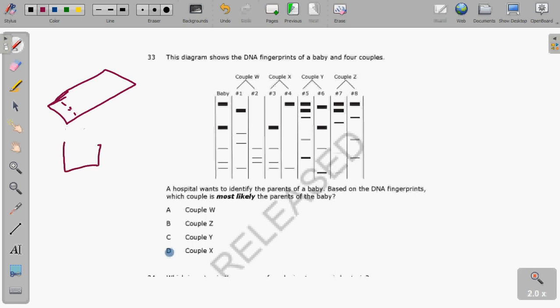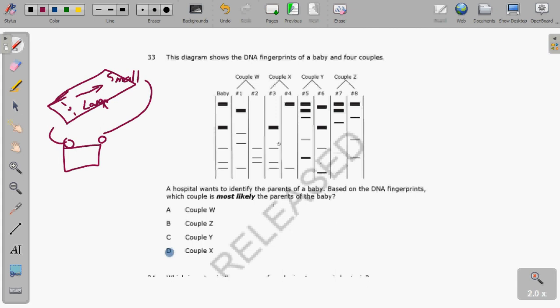Then they run an electric current through the DNA, and that electric current causes the DNA molecules or fragments of DNA to move down the gel. The larger molecules are not going to move very far, and the small molecules will move the farthest. So we know that these are larger molecules up here, and these are smaller molecules down here. That's how they produce these images.